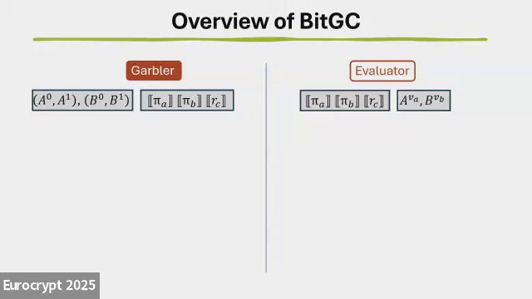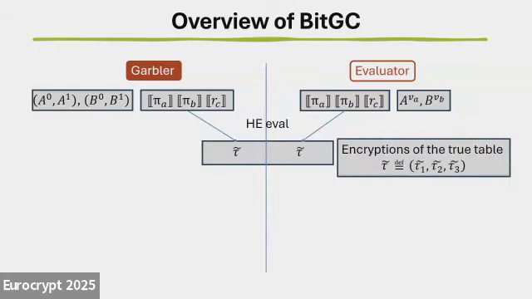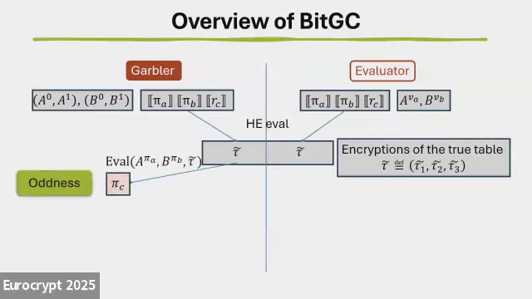Then they invoke the homomorphic evaluation of this somewhat FHE to get the encryptions of the truth table, which we call tau tilde. By invoking the evaluation function and taking the least significant bit, we get the permutation bit of the output, by using the ordinance property. Here, many details are omitted.